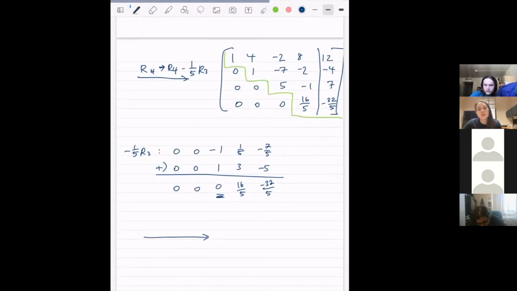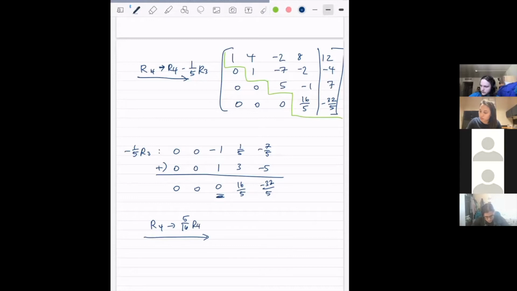Okay, so what I'm going to do first is take care of this nasty fraction. And I can do that by multiplying row 4 by 5. And then I'm also going to divide by 16 since 16 divides both 16 and 32, right?